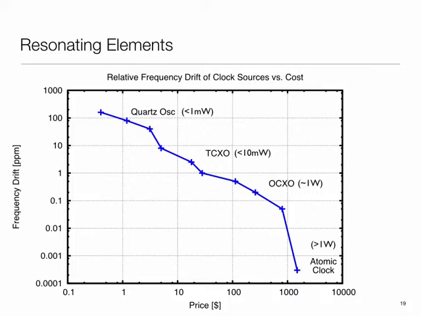You can use a standard quartz oscillator. It's going to be sub-milliwatt, with stabilities of tens of ppm. You can use what is called a temperature compensated crystal oscillator, which uses circuit elements that compensate for the change in frequency that occurs with temperature.